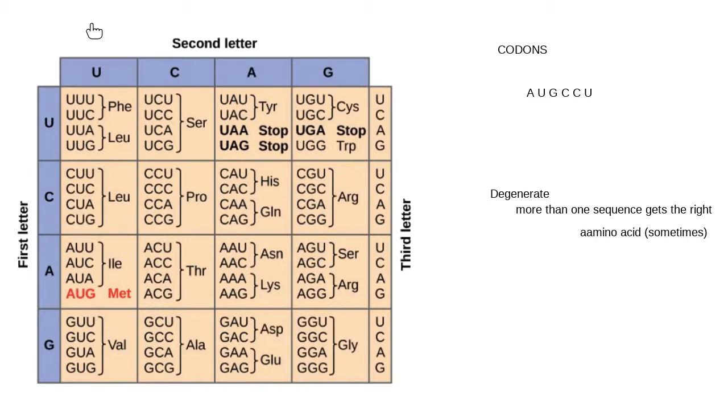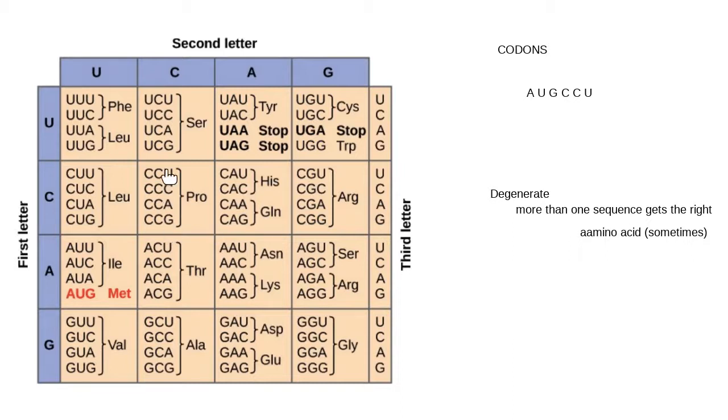So more than one RNA sequence can get me to the right amino acid sometimes. Remember that the place where I can change my sequence is only that last base.